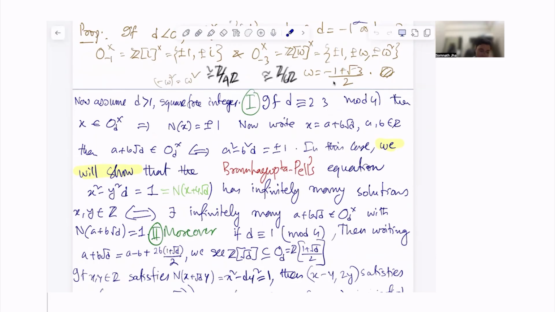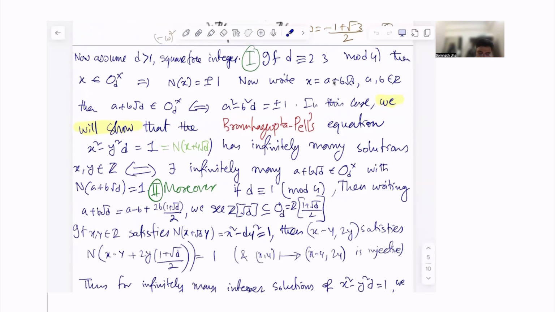This is called the Brahmagupta equation, or Brahmagupta-Pell equation, and we'll show that x square minus d y square equal to 1 has infinitely many solutions. These are not all the units, but this will give you infinitely many units.